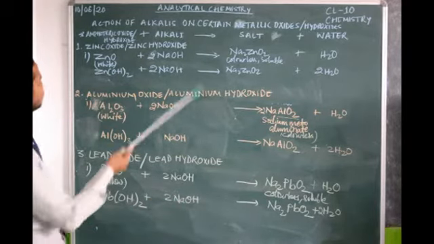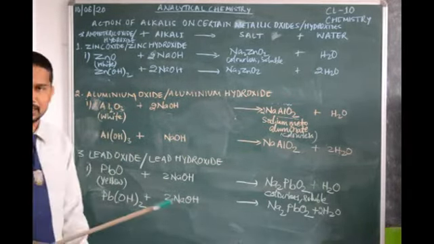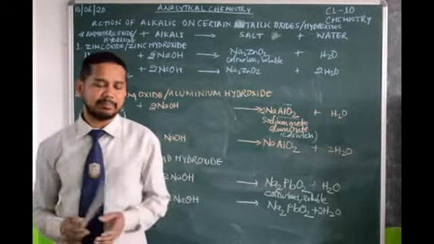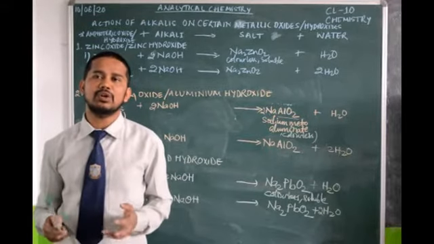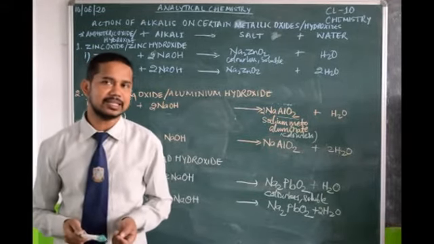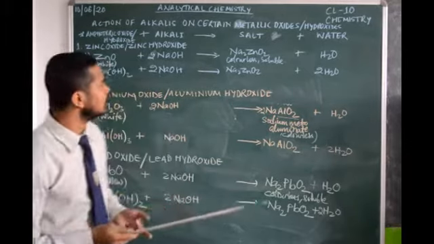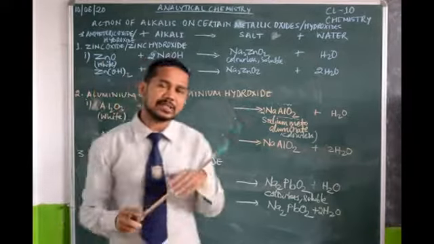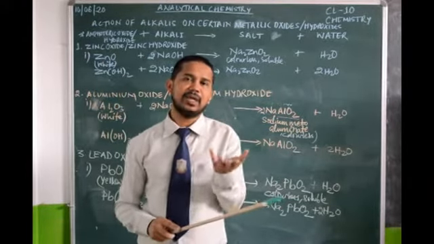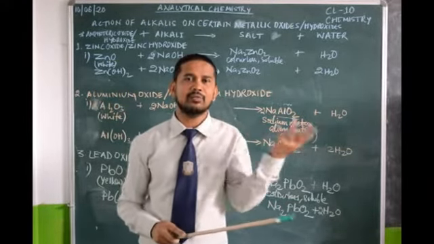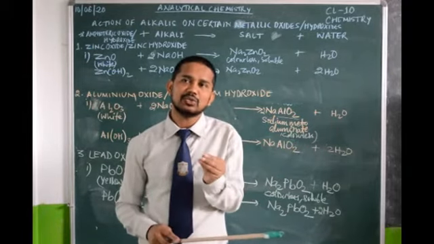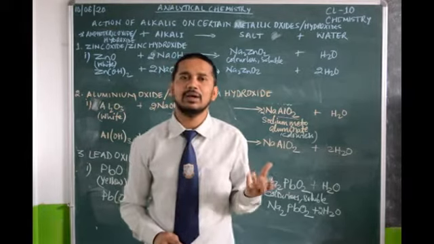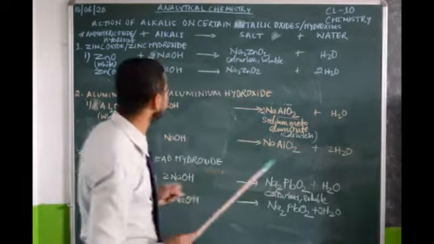When they react with alkali, they behave as acid and give salt plus water. As we know, base plus acid gives salt plus water. When these amphoteric oxides or hydroxides react with acid, they behave as base and give salt and water.